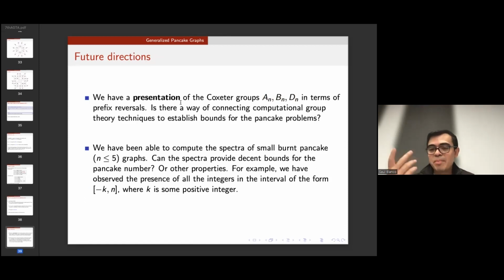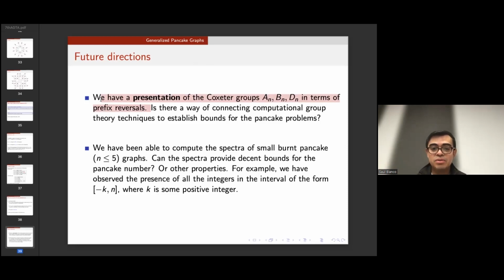Let's just do type A and B, which are the most common ones. This is the regular permutations, and this is the group of signed permutations. Can we have a presentation for the Coxeter groups of type A and B in terms of prefix reversals? And we have a presentation now for these groups based on prefix reversals.